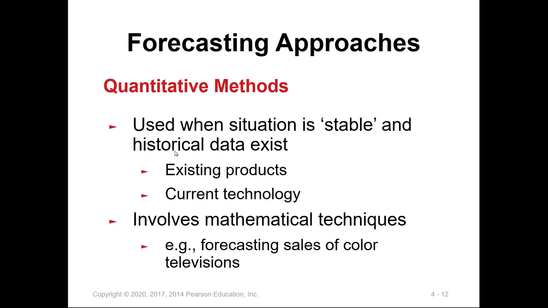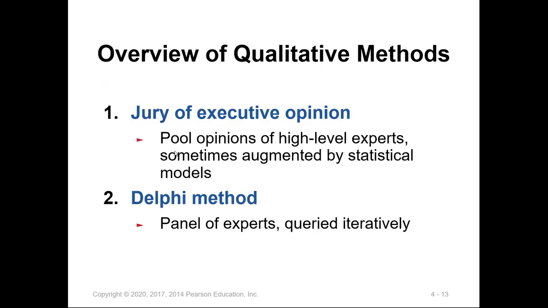This approach involves mathematical techniques and statistical analysis, including uncertainty and risks, such as forecasting sales of OLED or QLED television. This slide and the next slide show some of the methods used in the approach. More will be explained in the next few slides.